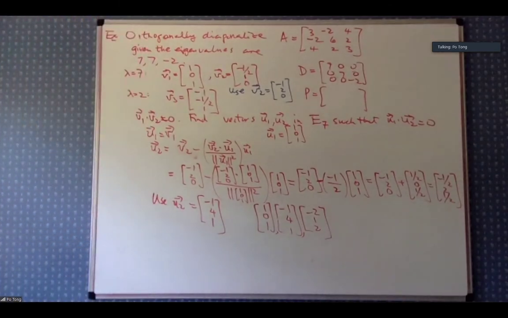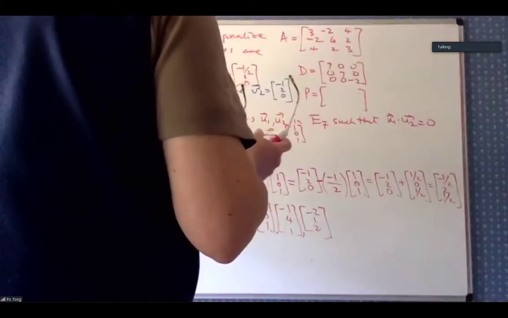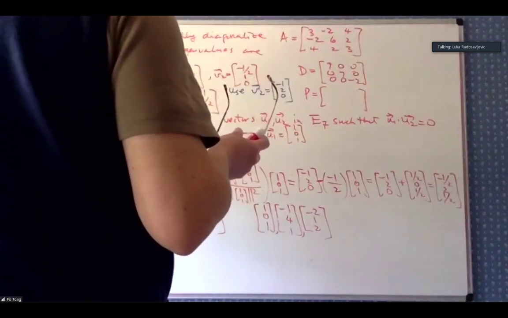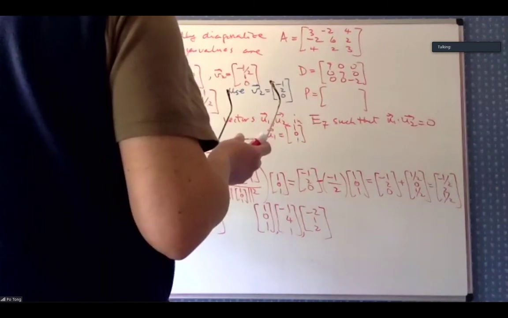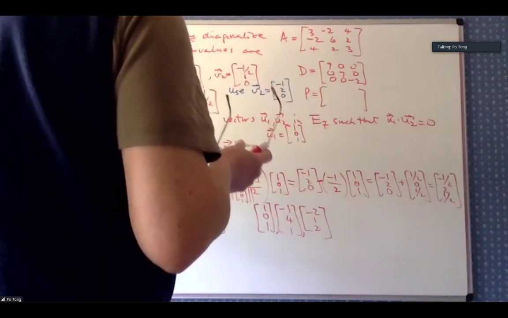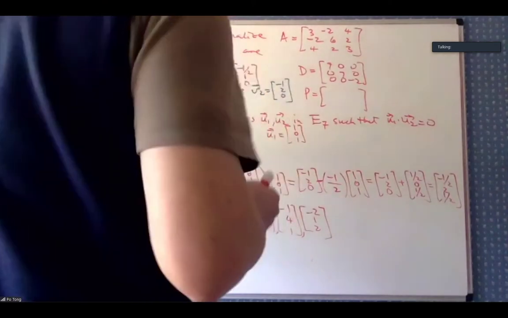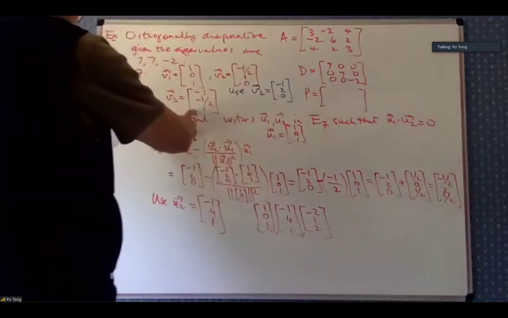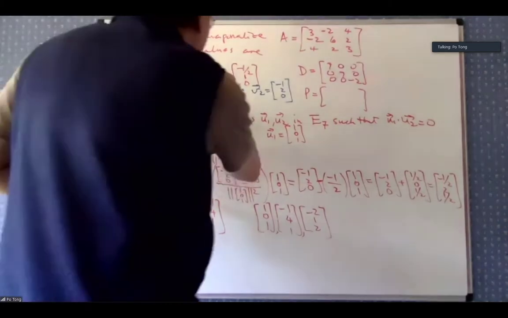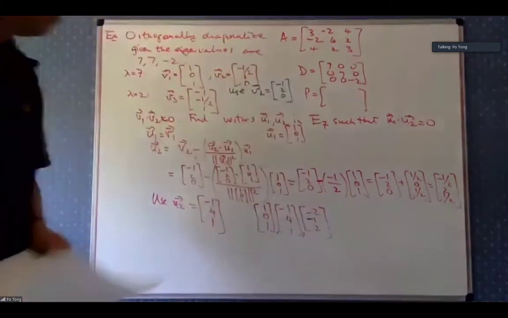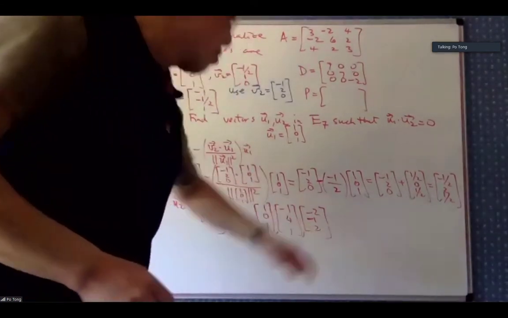I have to figure out where. (-1, 4, 1), that's correct. Okay, so this is the third one. Oh, this is minus. Okay, this is good. So we are good. Those are the three vectors.